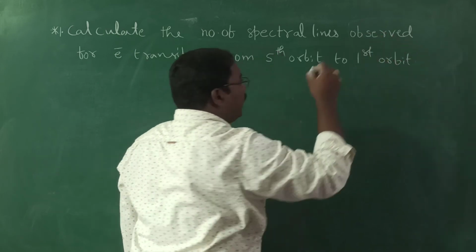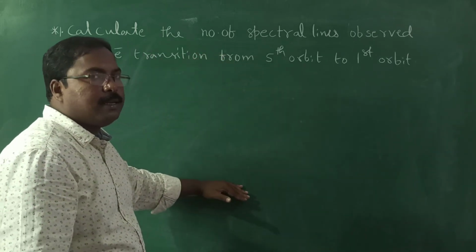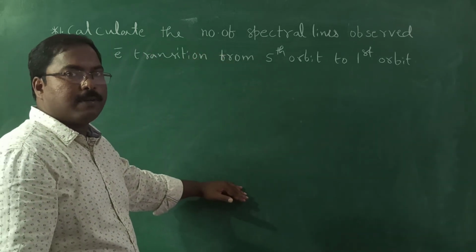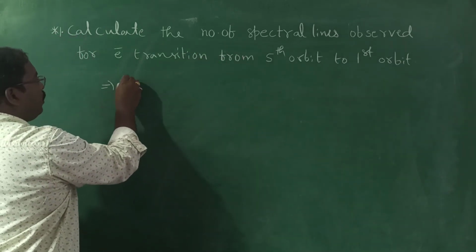Okay? The electron transition is going to take place from fifth to first. Then how many lines will we observe? Fifth to first, what formula are we going to use?